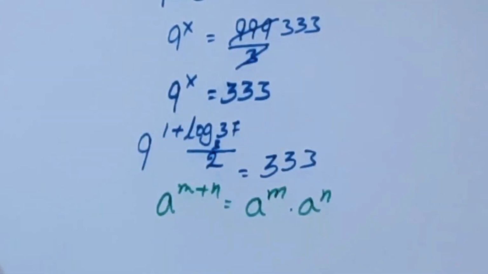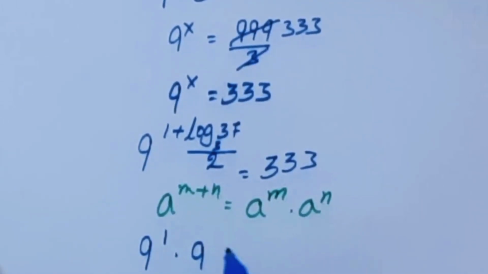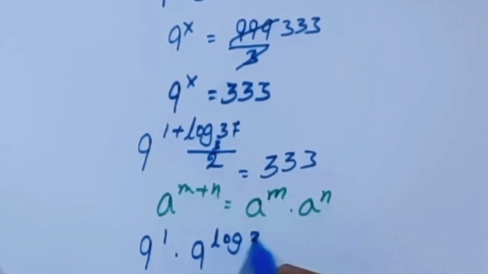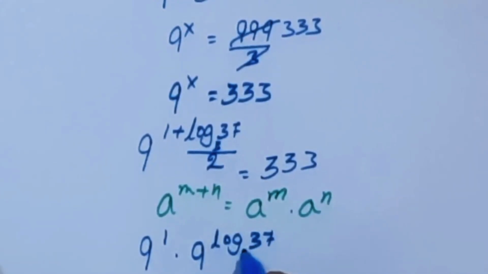This formula we are going to apply here. So we'll get 9 power 1 times 9 power log 37 base 3 by 2 equal to 333.